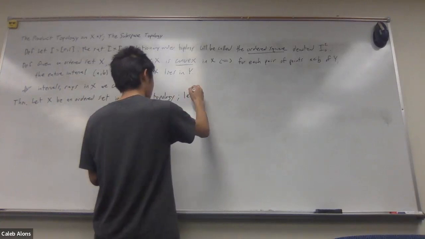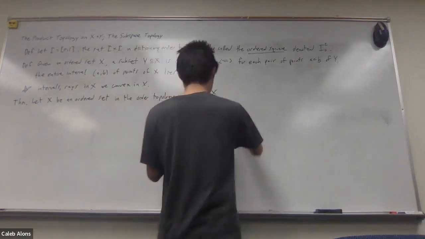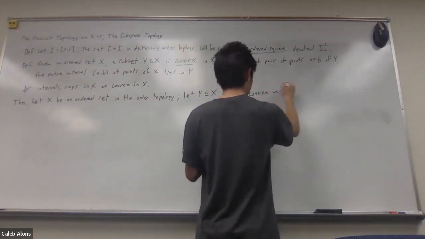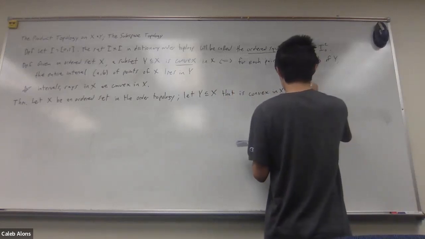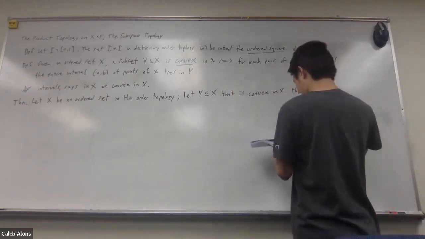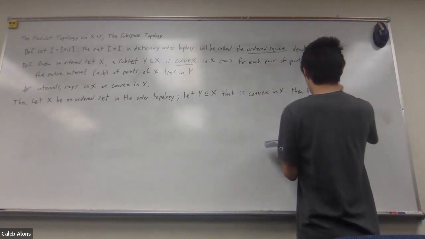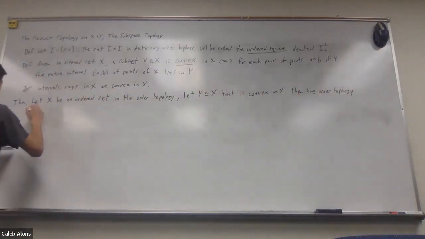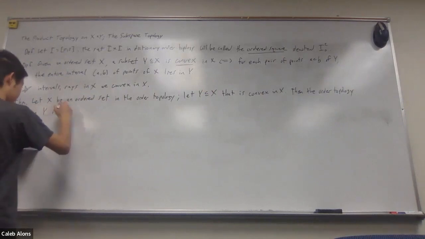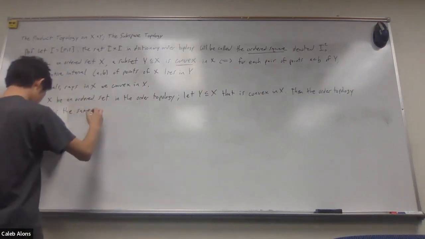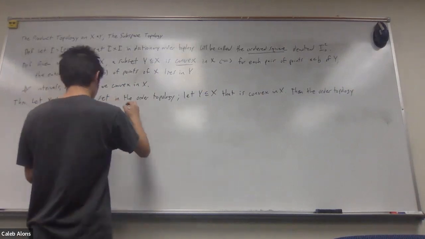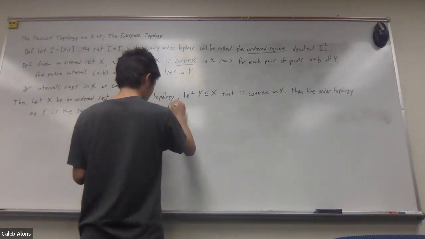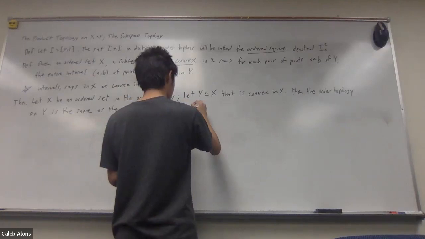And we're going to also let Y just be a subset of X that is convex in X. Then, now it's going to be like the product topology, so then the order topology on Y is the same as the topology Y inherits as a subspace of X.